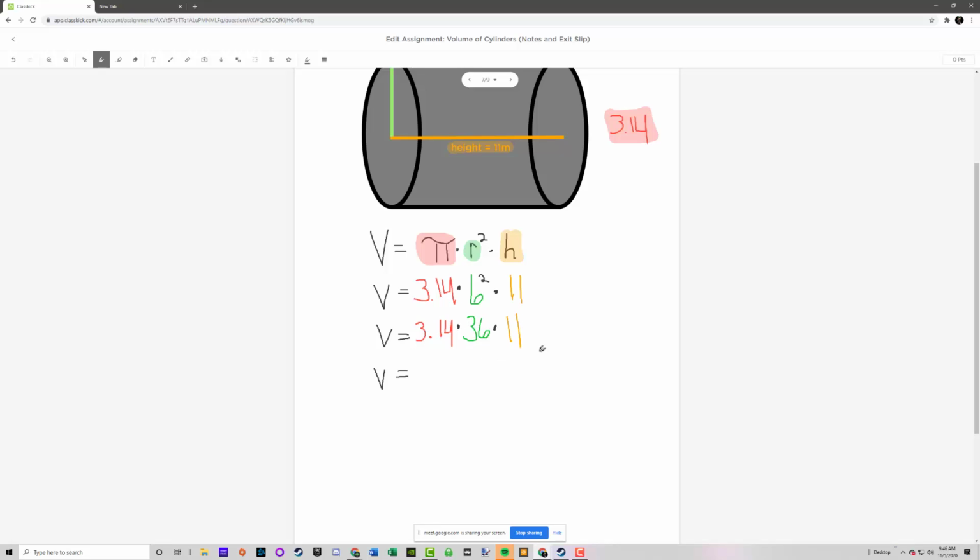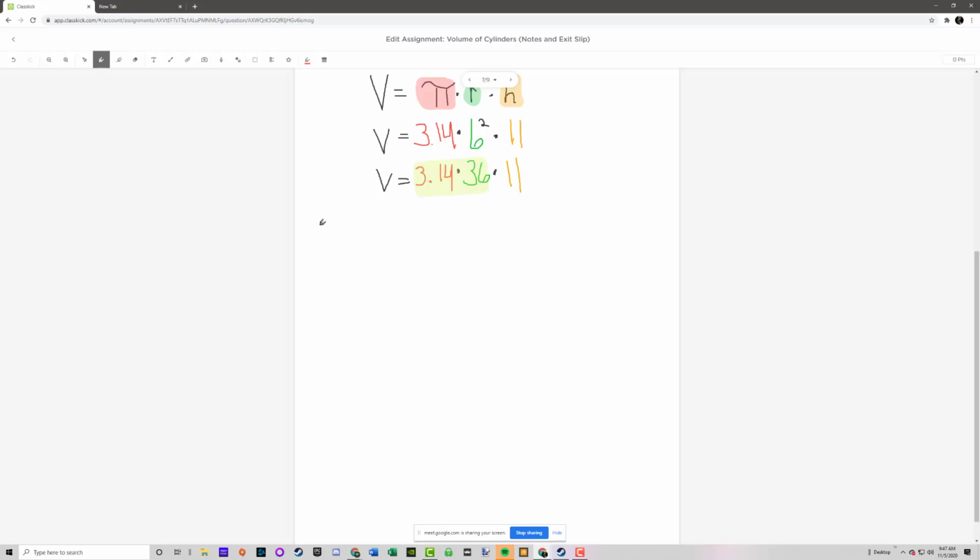Let's work from left to right. I'm going to get rid of that right there. And we'll start by multiplying these two together. Again, this is the reason why we reviewed multiplying decimals before we started doing any work with our 3D shapes. We'll use purple. There we go.